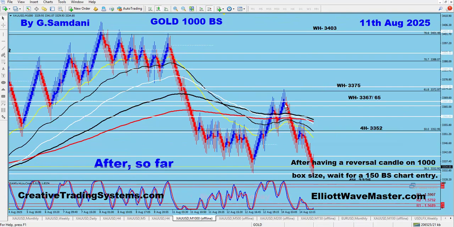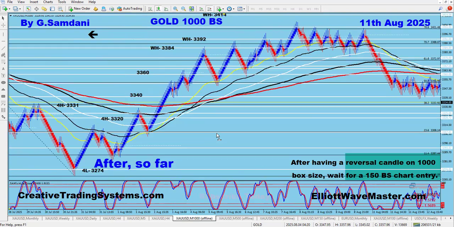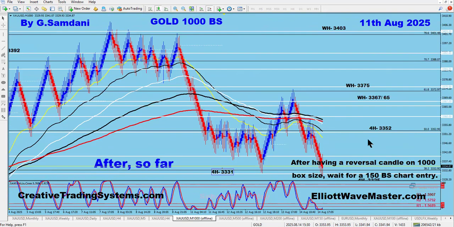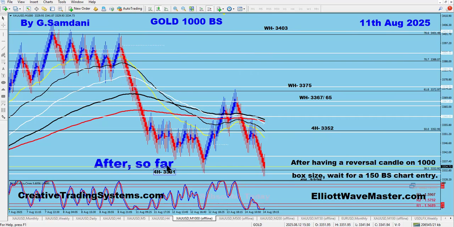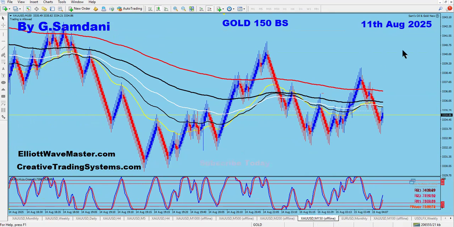What is the level number? Okay, 33.33 is the one that it is flirting with right now. See that? This is what it is, 33.31. If 33.31 holds and then we bounce, then we will go to the upside, and 150 will give me the entry here somewhere, and I'm going to take that.